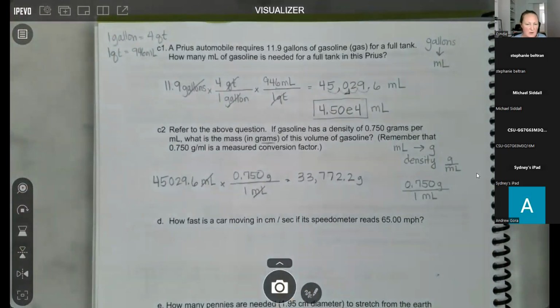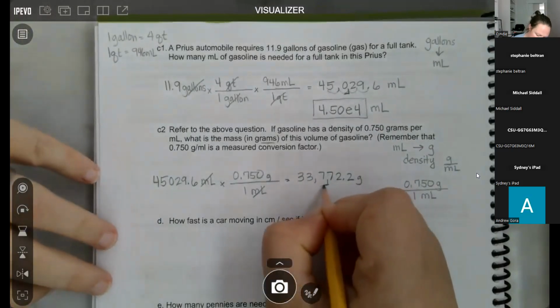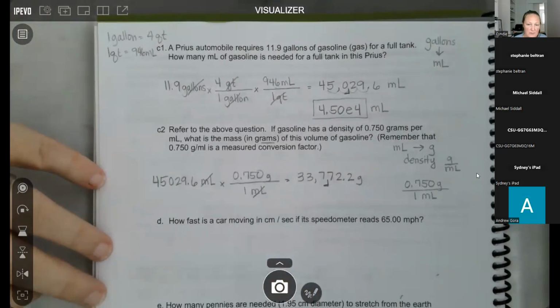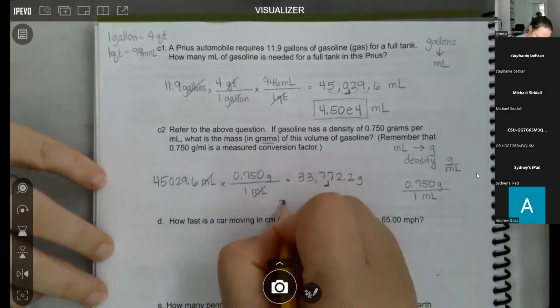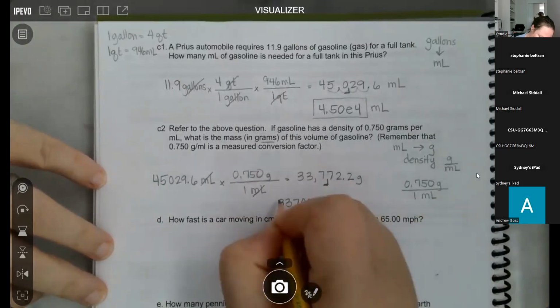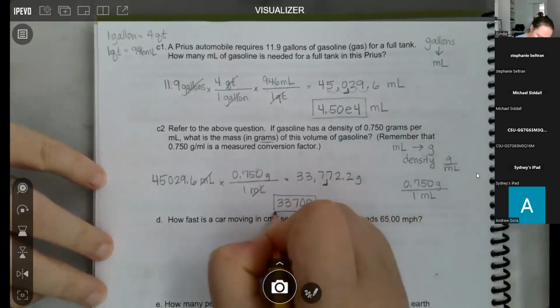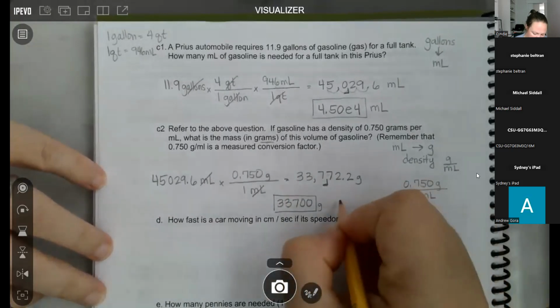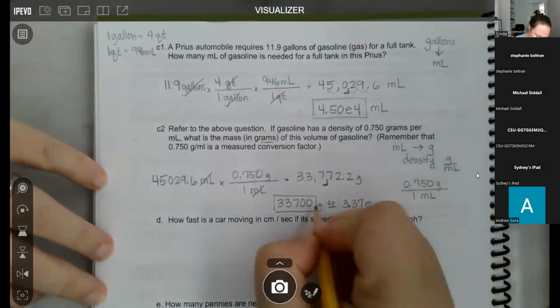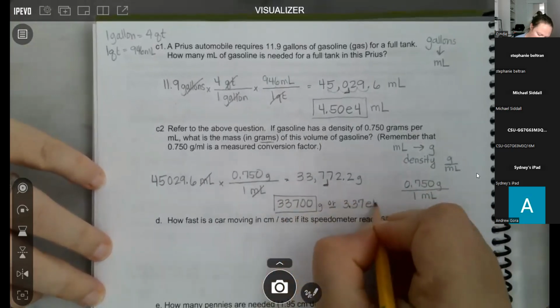But again, I know I can only have 3 significant figures, so it's not significant after this first 7, right? So I could write 33700, right? That would be one way to have 3 significant figures. Or I could just convert it to scientific notation and write it as 3.37, right? E to the 1, 2, 3, 4, e to the 4.